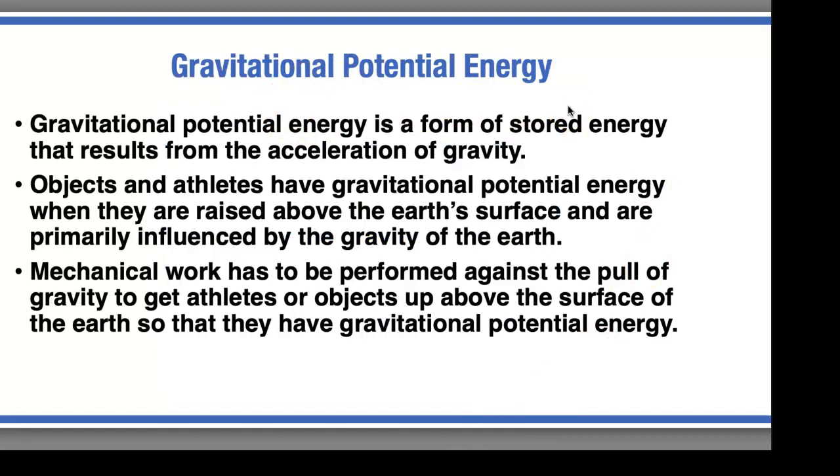That's one type of energy. Gravitational potential energy is when something can fall from the ground, so it's stored as a result of the acceleration from gravity. Athletes have gravitational energy when they rise above the Earth's surface. The farther above the Earth's surface, the more gravitational potential energy you have. If you're going to go cliff diving and jump off a cliff into water, you have potential energy as you are going to jump.